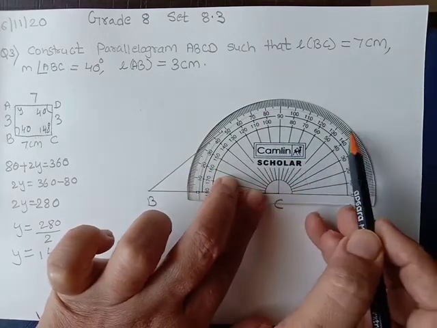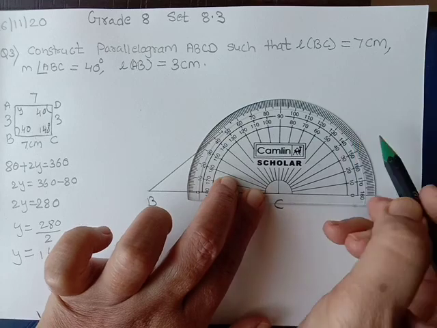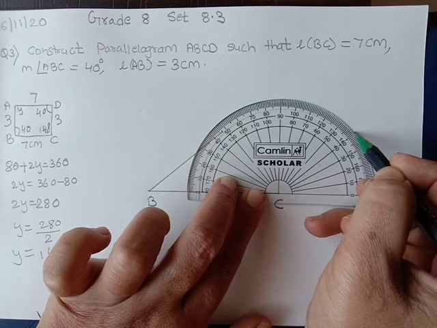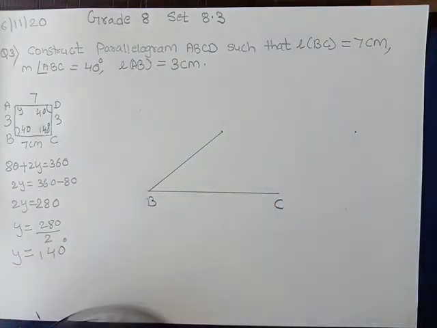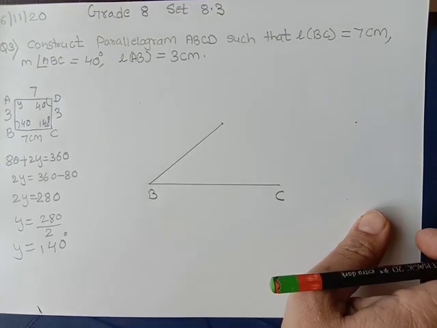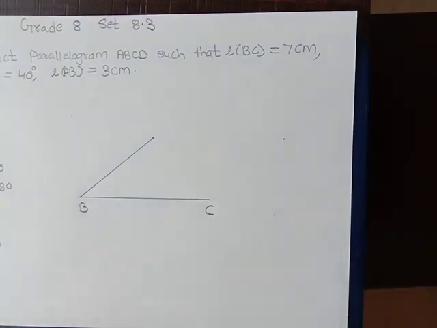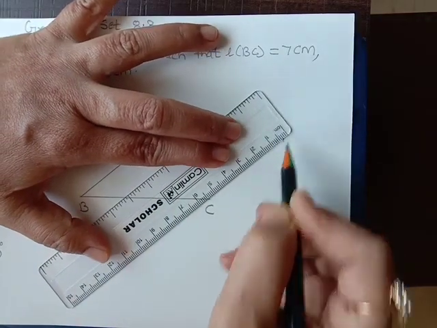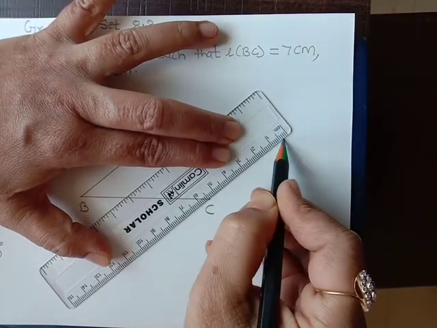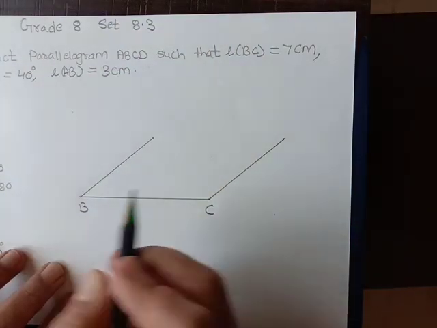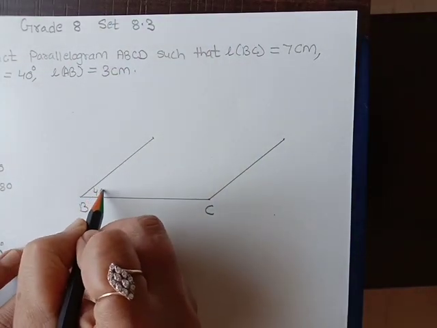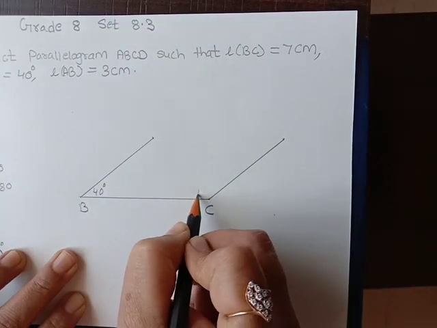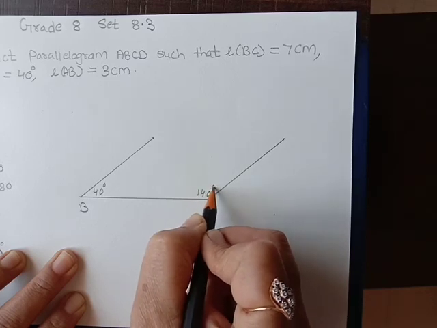So outside 140 comes out to be here. Alright, so this is 140. Now join this also. So this is your 40 degrees and this is your 140 degrees.